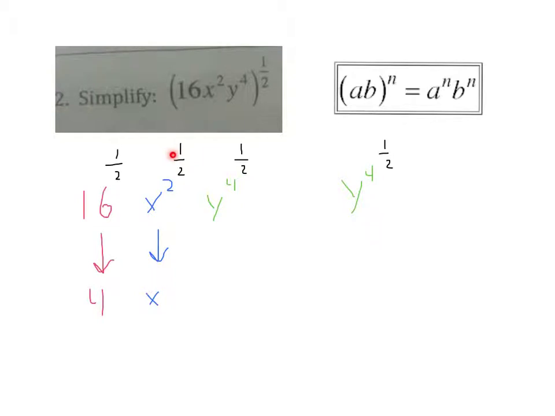So you'll remember that when we have something raised to a power and then raised to another power, all we need to do is multiply those two things. So in this case it would be 4 times 1/2, which gives us 2. So y to the 4th, raised again to the 1/2, is just y squared.